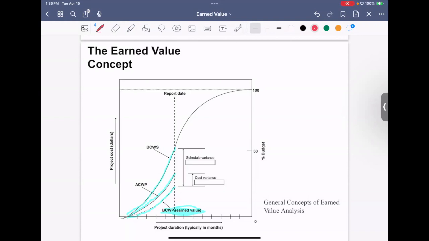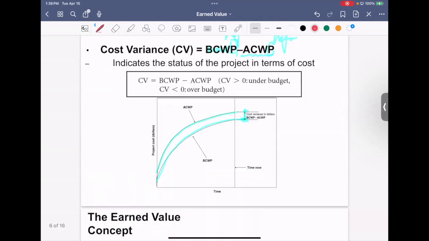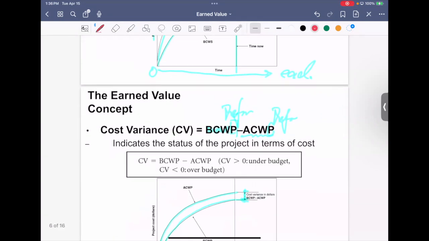So if the actual cost is this one, and your budgeted cost of work performed is that one, this we call the cost variance. So in this case, CV is BCWP minus ACWP, right?